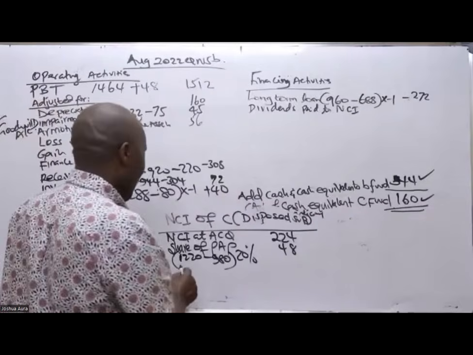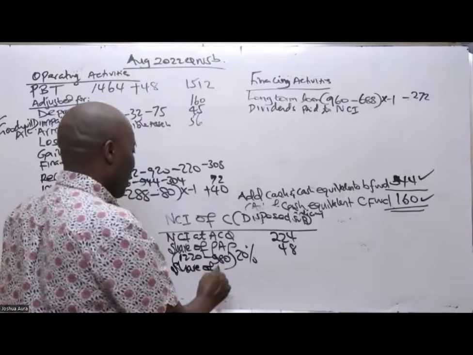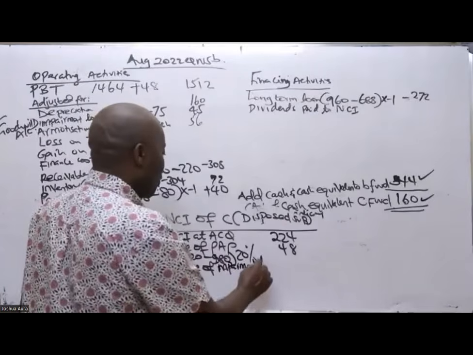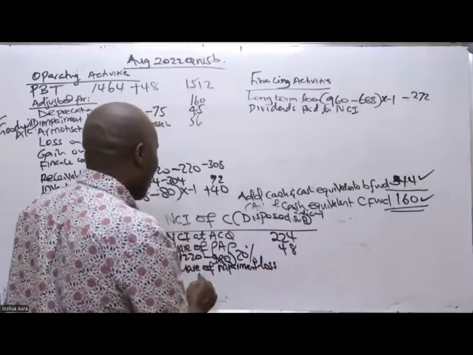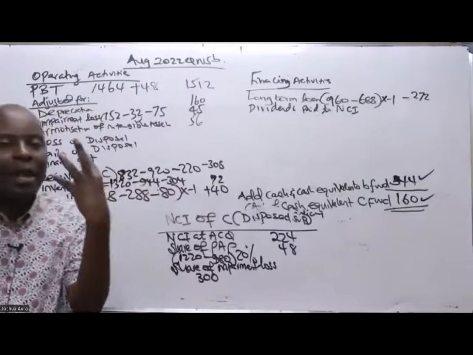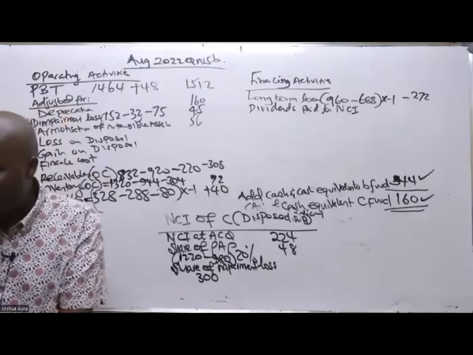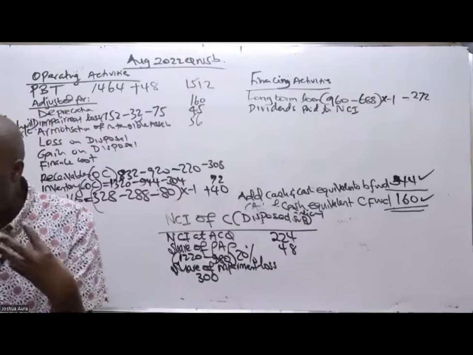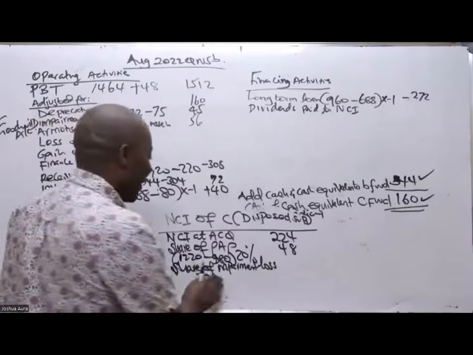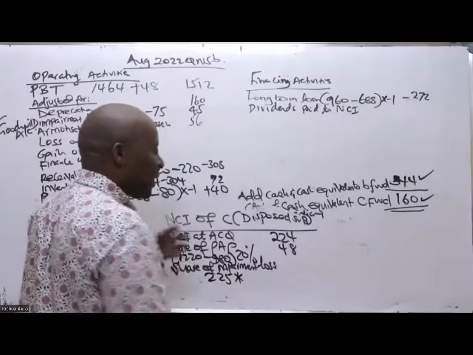So we have here share of impairment loss. Remember, 300 was the total impairment, and they can only take their percentage. Oh, it was 225, right? 225, and they can only take their percentage.